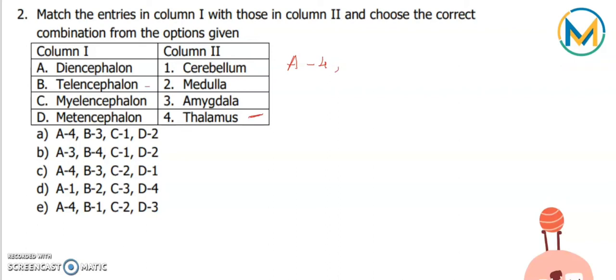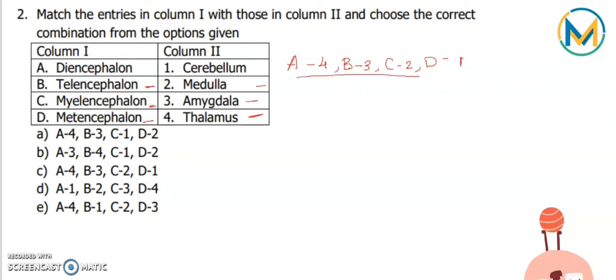Then B from column 1, that is telencephalon, consists of amygdala, that is 3. Myelencephalon, that is C, consists of medulla. And the last, that is D, metencephalon, consists of cerebellum, that is 1.